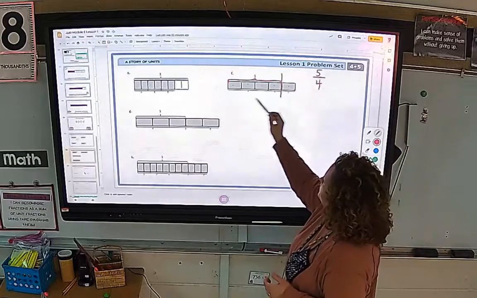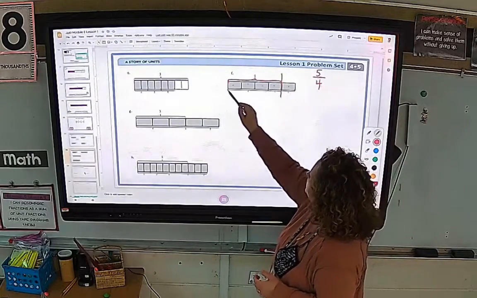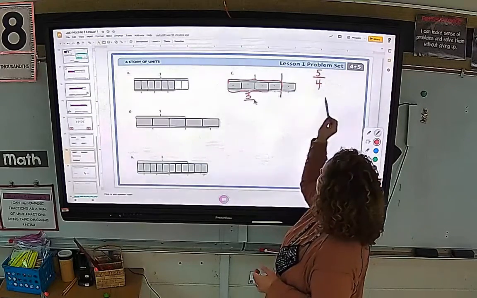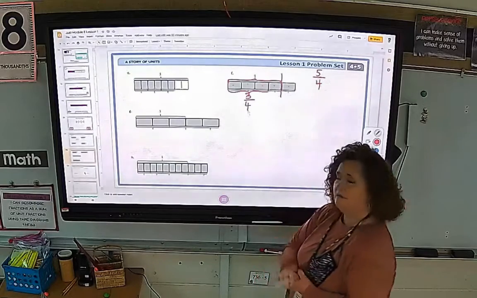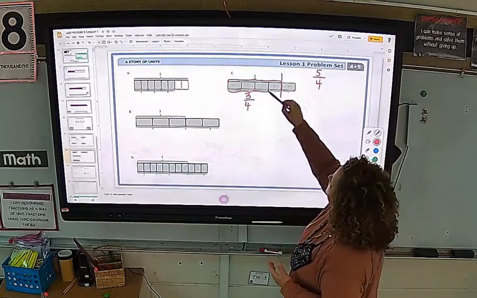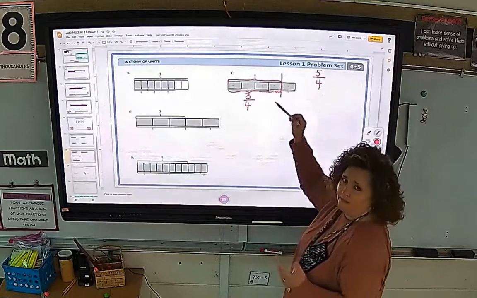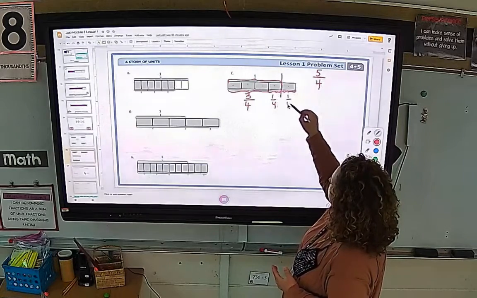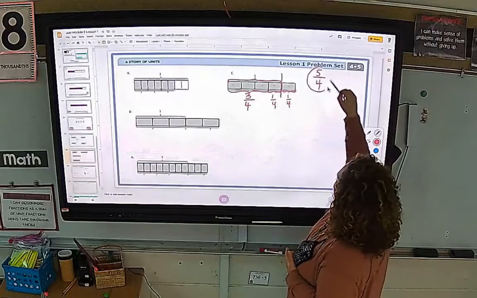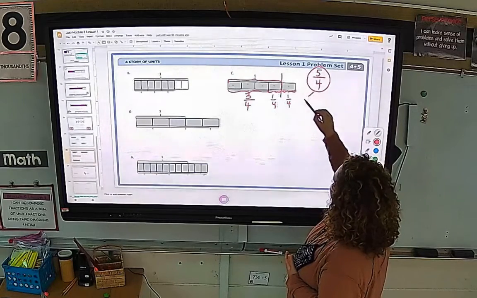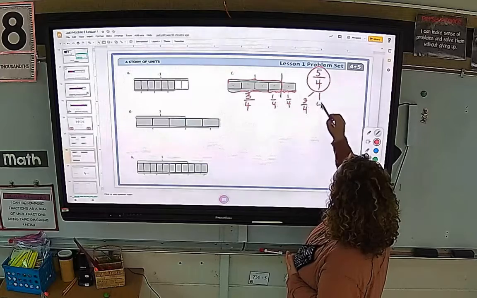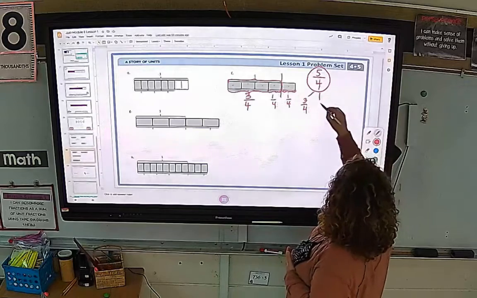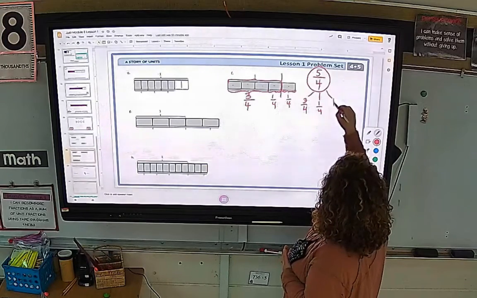Now, let's look at the brackets on the bottom. This bracket stops right here. It goes from here to here. How many pieces is that? 3. These are fourths, so that's 3/4. This bracket just has 1 piece, so that's 1/4. This bracket just has 1 piece, 1/4. So our number bond is going to have 3 bubbles: 3/4, 1/4 and 1/4.